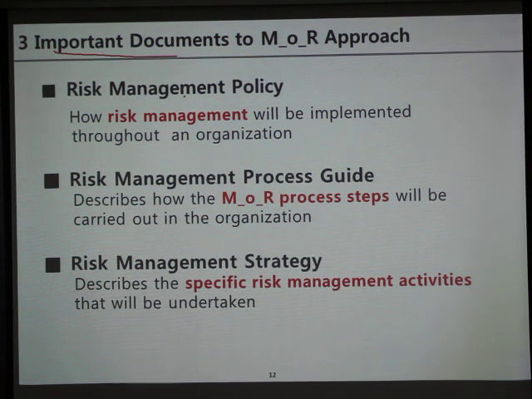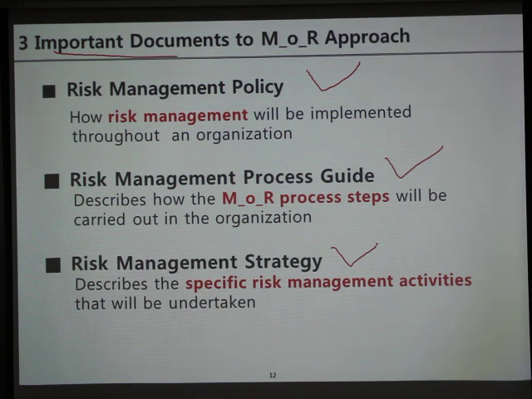The risk management policy shows how risk management will be implemented throughout an organization to support the realization of its objectives. The risk management process guide describes how each process step will be carried out in the organization. And the risk management strategy describes the specific risk management activities that will be undertaken for a particular organizational activity.